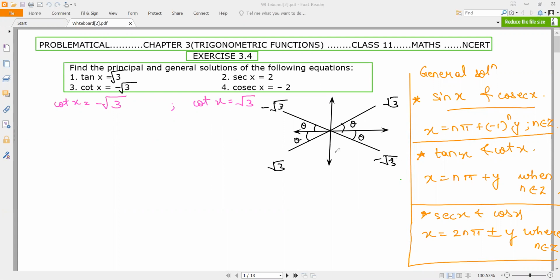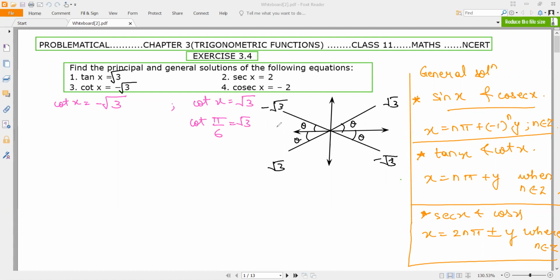You need the negative values, which means you need these two values. For that, you should first take the value of theta. For which value do you have cot x equals root 3? Cot x equals root 3 is for π/6. Cot 60° equals root 3, cot π/6 equals root 3.